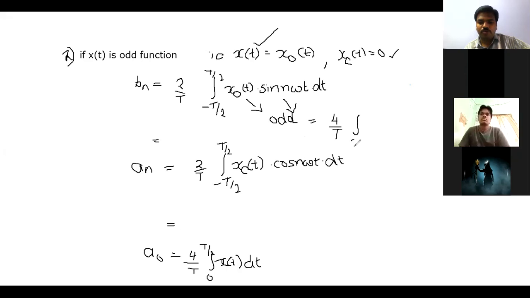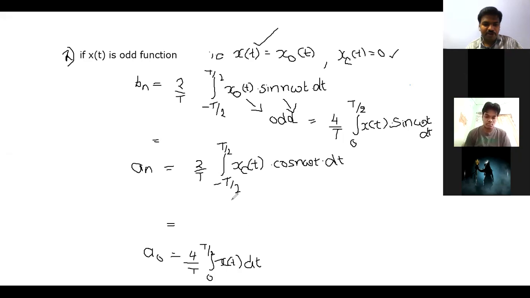So from 0 to T by 2, x naught of t or x of t, whatever it may be. Because in case 2, x of t is equal to x naught of t. That is why I am writing x of t here, into sine omega t into dt. That means for an odd function, you will have sine terms in your Fourier series expansion.